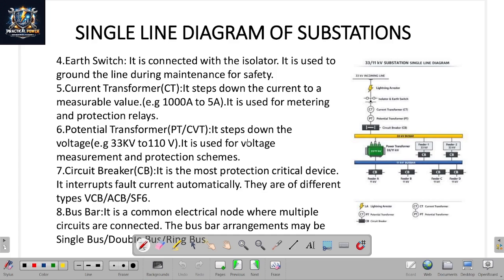It steps down the voltage from 33 kV to 110 volt as standard, or it may be 100 volt, and is used for voltage measurement and protection schemes. So CT and PT are used for protection schemes and metering also.